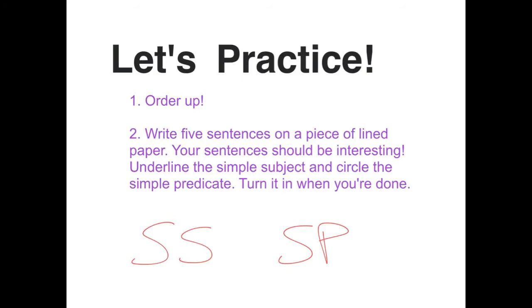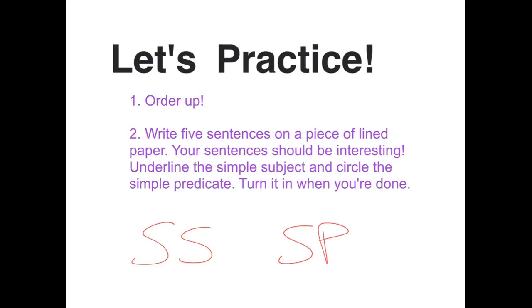We want you to write 5 sentences on a piece of lined paper. Make your sentences interesting. Don't make your sentences say, I ate a cookie, I went swimming, I like pizza, I have 10 toes. Okay? Try and make them a little bit interesting. Okay? My 99-year-old great-grandmother swims 20 laps every day.